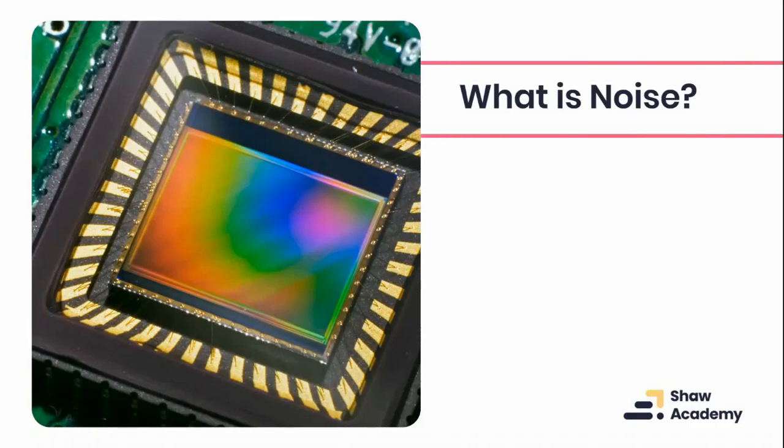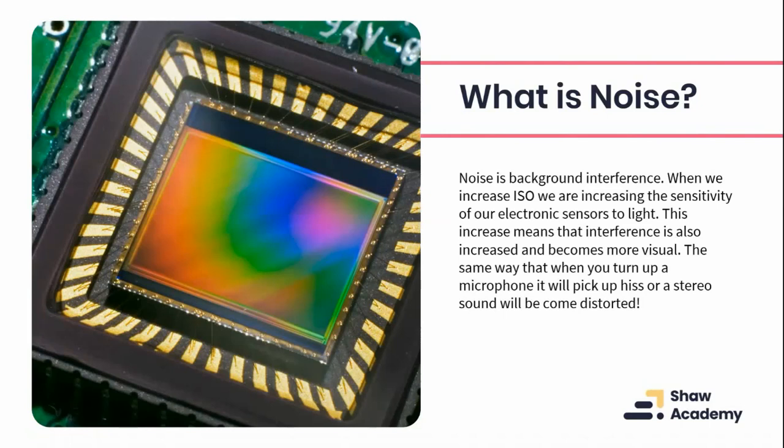The reason for this is because of noise. As we increase ISO, noise is introduced into the image, into the footage. This is basically because, similar to what I mentioned with our stereo, when we increase sound on our stereos or microphones, it will pick up more distortion.